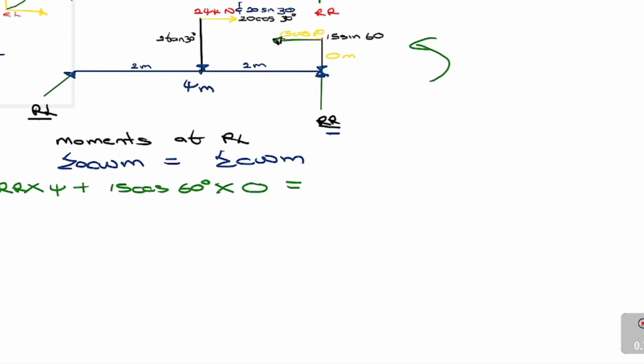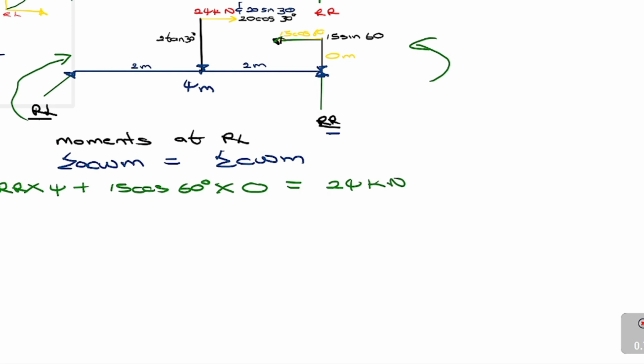Now let's move to the clockwise moments. When we look at the clockwise moments, we stand on this and then we try to find the moments that are going there, right? We're still on RR, right? So what do you see? You see that the 24 kilonewtons is moving down, right? So the 24 kilonewtons was already in the question, so you'll say 24 kilonewtons, okay?